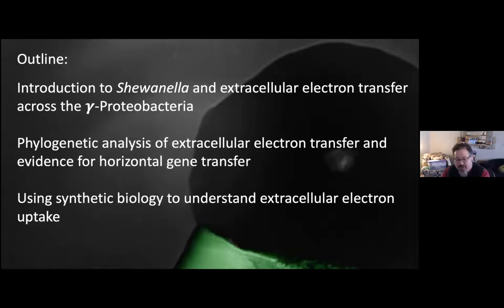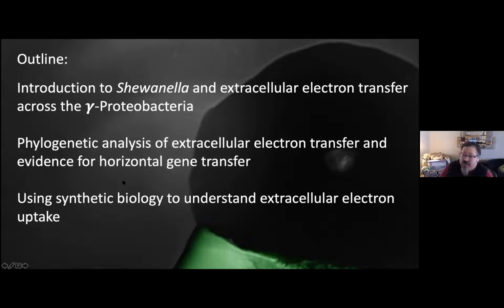So what we've done is take some of these genetic constraints, these lab-based experiments, and move into that sequence space to look at the distribution of extracellular electron transfer. We think we've got really good evidence, at least in some cases, for this metabolic process that facilitates iron reduction in the environment and maybe iron oxidation, and for how it can move around in the bacterial world, and I think that's really interesting.